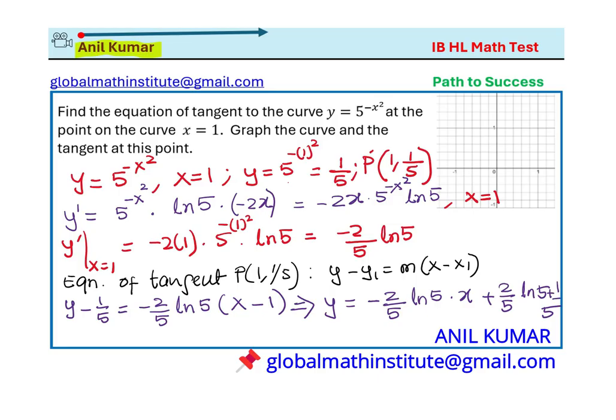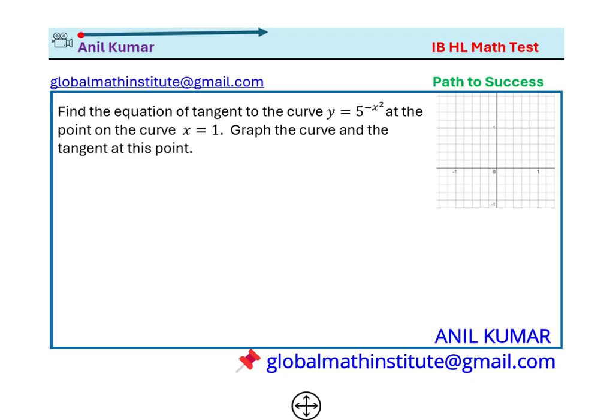With that, we have done the first part, which is to find the equation of the tangent line. Now, the other part is to graph this particular function. I'll give you suggestions on how to do it and leave this exercise with you. Let's talk about the graph of y equals 5 to the power of minus x squared. You see it is an even function.